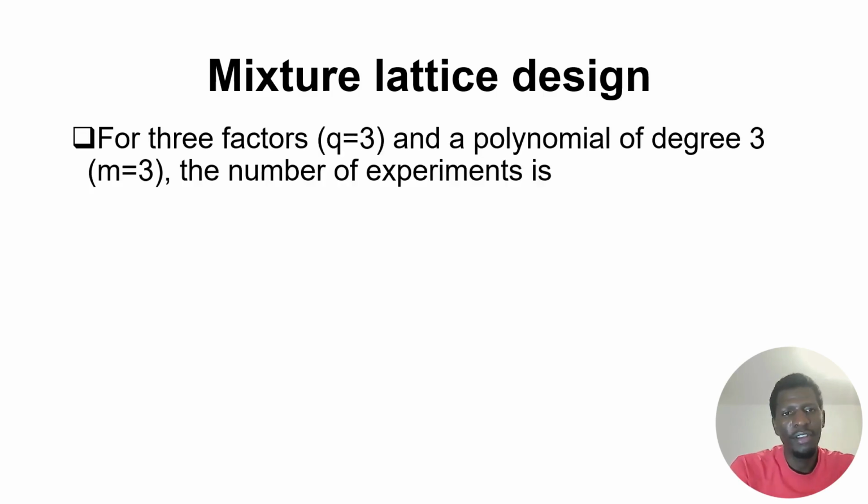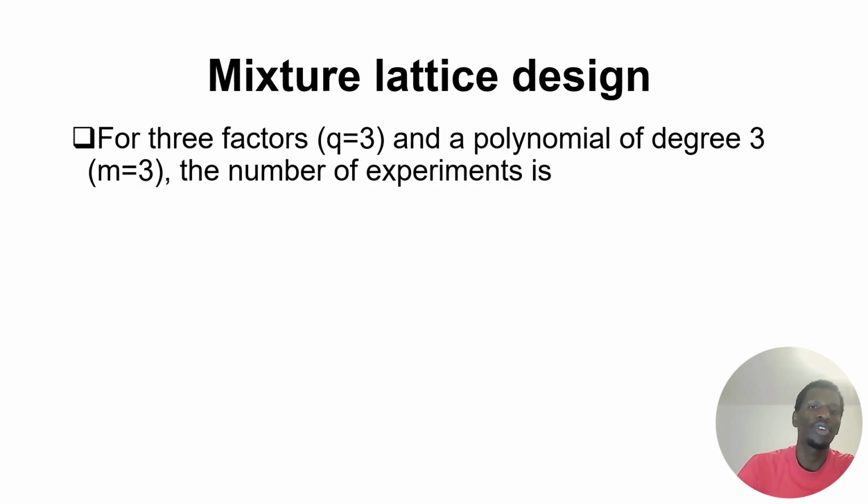Consider yourself formulating a product with three raw materials, with three ingredients, X1, X2, and X3. And at the same time, you want to study the effect of these raw materials on the overall quality. And you are anticipating using a polynomial of degree 3, which is typical of a special cubic or cubic model.